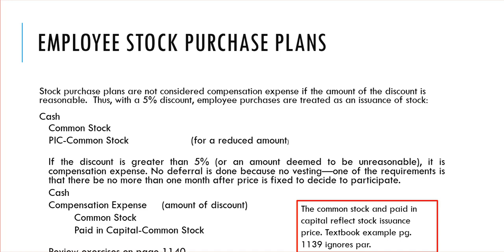Stock purchase plans are a little bit different because in stock purchase plans, you kind of like options in a sense, except that it's immediate. So you don't have to wait a period of time to get the stock. You have an agreement between the employee and the company, and the employee is going to be able to purchase stock, and the company is going to purchase it for them.